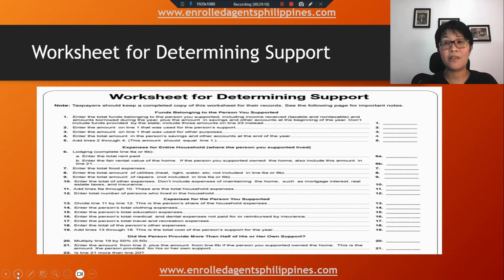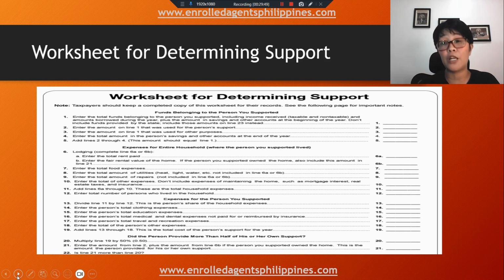So, kailangan malaman natin, no? Kasi kailangan masatisfy at least more than 50%. So, merong worksheet na pwede natin gamitin. Yung mga gumagamit ng software sa tax, like Lacerte, Drake, yan, meron silang computation. Pero kung mano-mano mo naman gagawin, para ma-determine mo if, for example, no, qualified siya na mag-claim ng dependent at siya yung sumusuporta, pwede mong gamitan ito, no, yung worksheet for determining support.